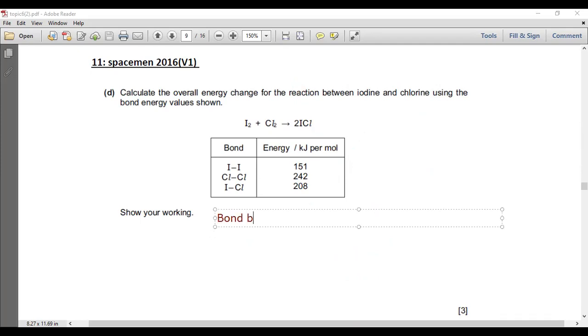Bond breaking. If you need to break down the bond, in your point of view, is it an exothermic or endothermic process? Answer in your chat box. Again, my question is: in a chemical reaction, if you need to break down the bond of the reactant, is this process exothermic or endothermic?